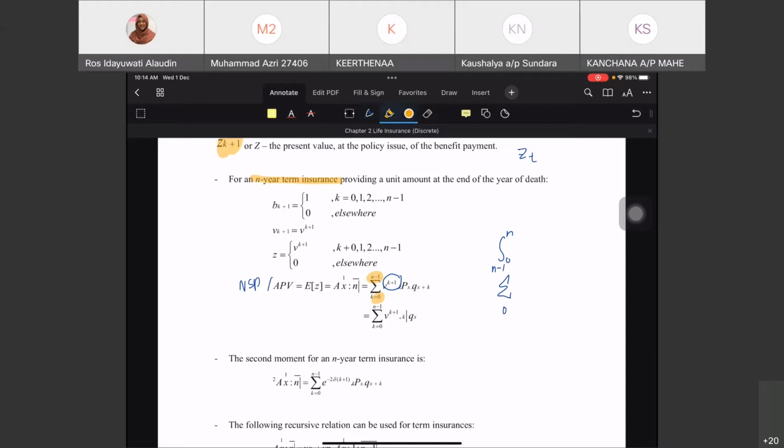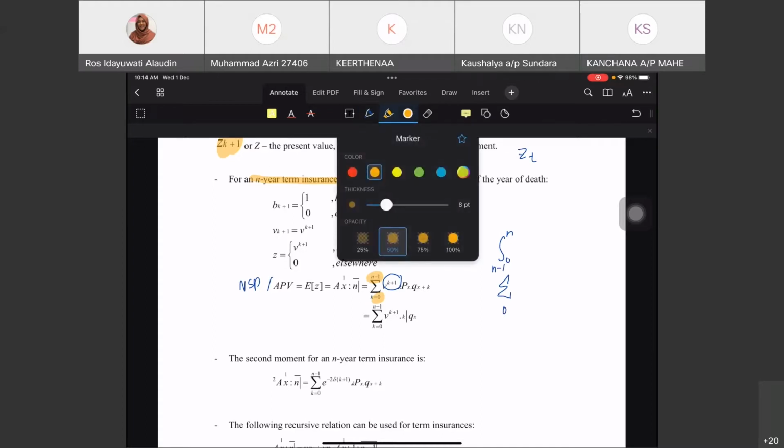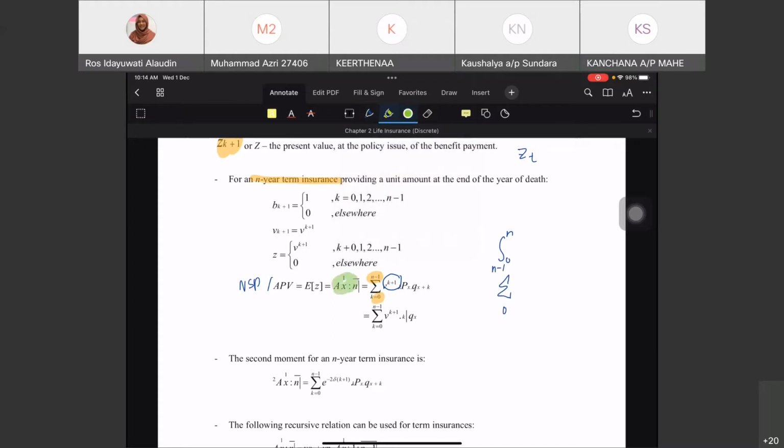For the discrete, we don't have a bar on top of A. This is term insurance. Still, we have 1 on A x, but we don't have the bar for the discrete. So when you look at this notation, you know that this is the discrete case for term insurance.